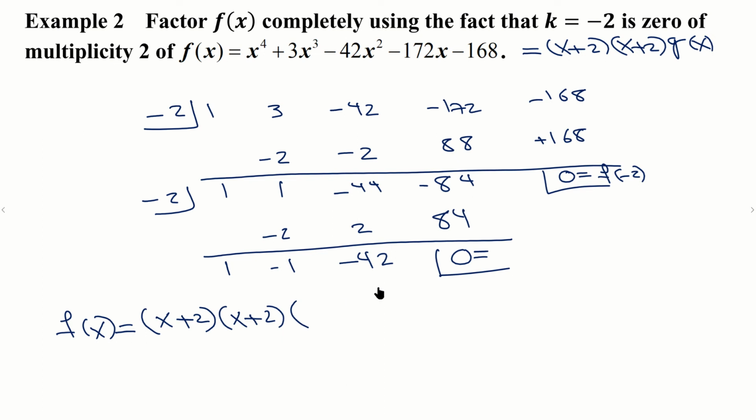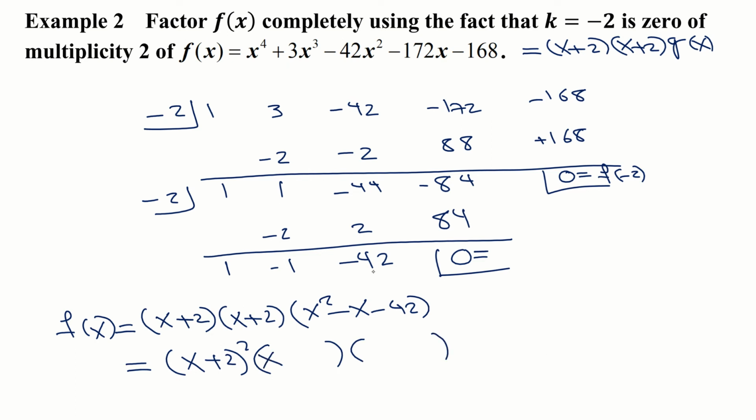Now this is of course the second degree. So x squared minus x minus 42. All right. So basically we have x plus 2 squared times, now we will try to factor the quadratic, right? So x, how about negative 7 and positive 6?